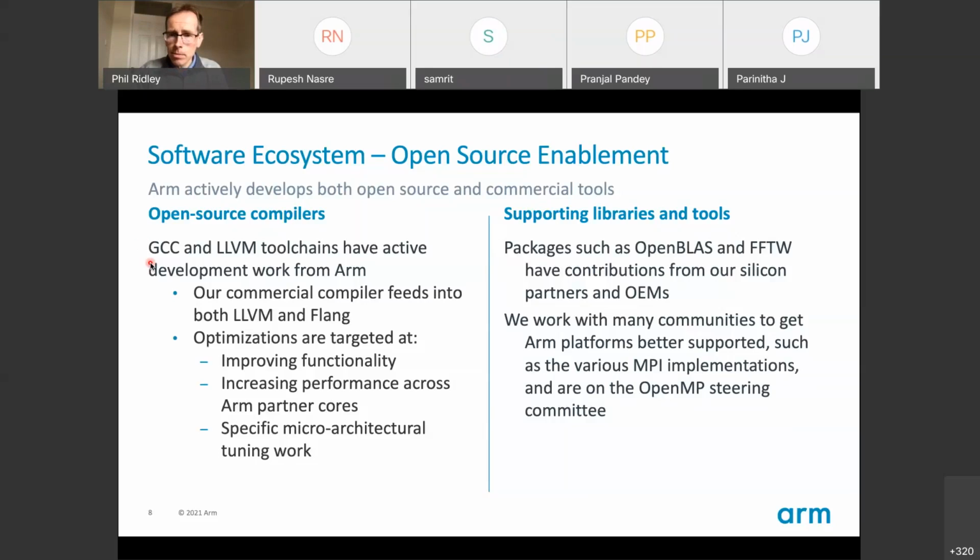In terms of supporting libraries, we also work with the maths libraries guys, OpenBLAS, FFTW, and also from silicon partners, their libraries, Cray LibSci, to get their libraries optimized for ARM architectures. We also work with the communities to get any development to the open source area possible.